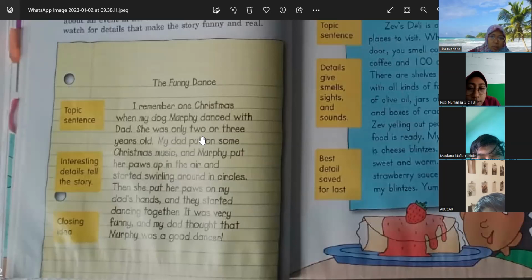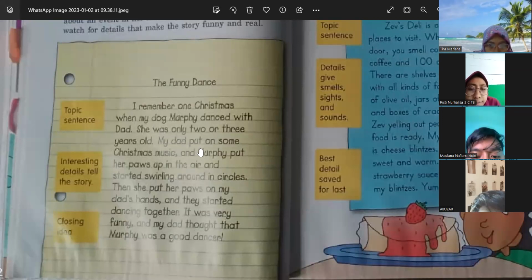Who is 2 or 3 years old? The dog Murphy. Yeah, okay. And then what is the second detail?